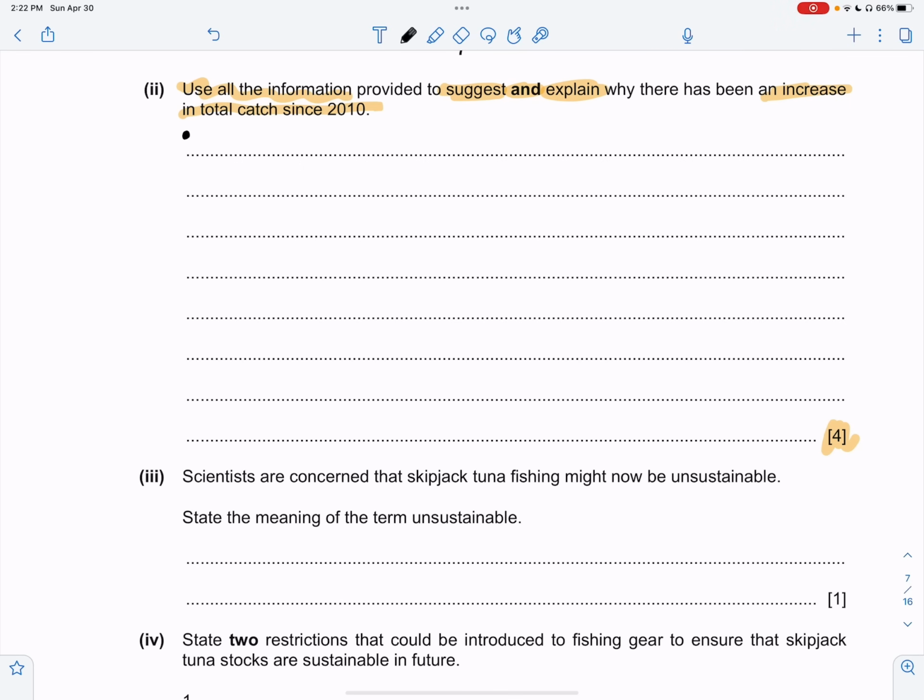And they did mention that there's been a change in gear from using a rod and line, which is the most sustainable because you can only catch one at a time and it prevents overfishing, to now purse seines. So the change in your fishing method.